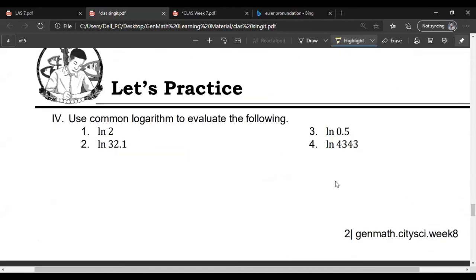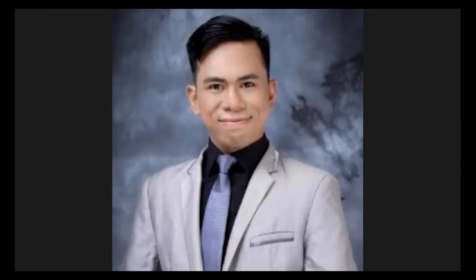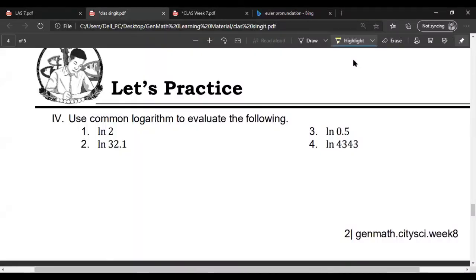Use common logarithms to evaluate the following. Using the equation from earlier, the change of base, let's find the value of these logarithms. Let me take number 2. We have ln of 32.1. That is equal to the logarithm of 32.1 over 0.4343.